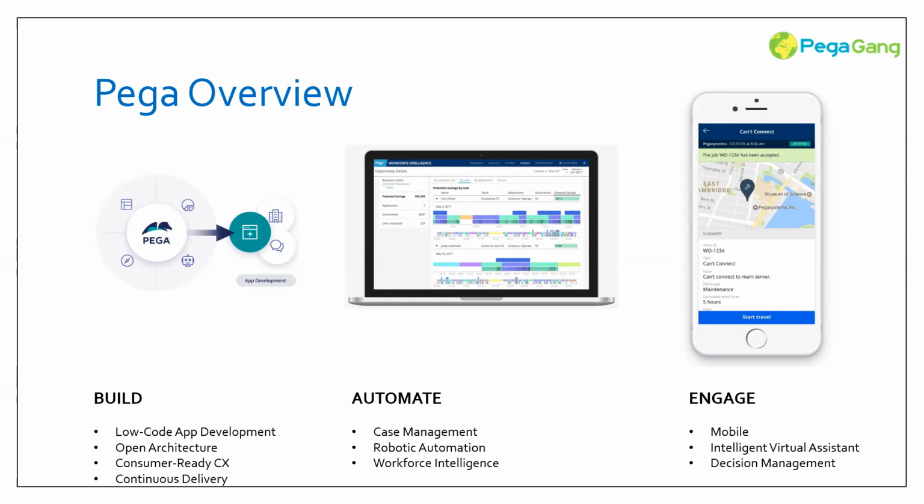If you find a lot of applications which require a lot of hard coding and customizing, Pega stands in first place for providing out-of-the-box features. Pega provides a lot of out-of-the-box features.